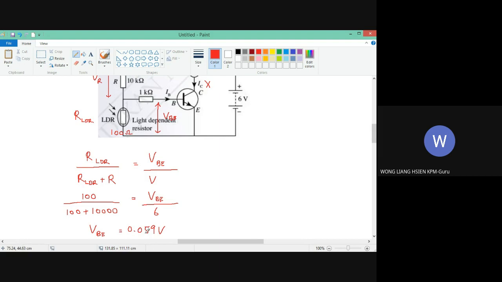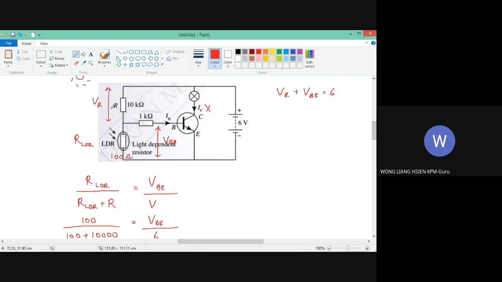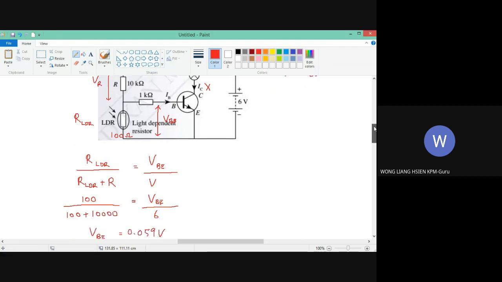If only 0.059, what happened to the rest? What happened to the 5.95 volt? The 5.95 volt will go to the 10 kilo ohm resistor. Understand?